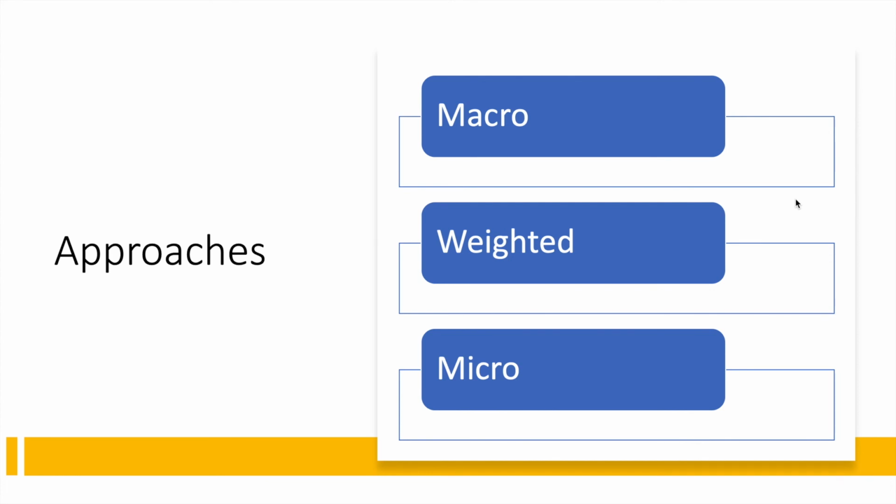Then these per class F-scores are averaged using one of the following strategies. We could use macro averaging, which computes the unweighted per class F-score. This gives equal weight to all classes, no matter what their size is. We could have weighted averaging, which computes the mean of the per class F-scores weighted by their support. This is what is reported in the classification report.